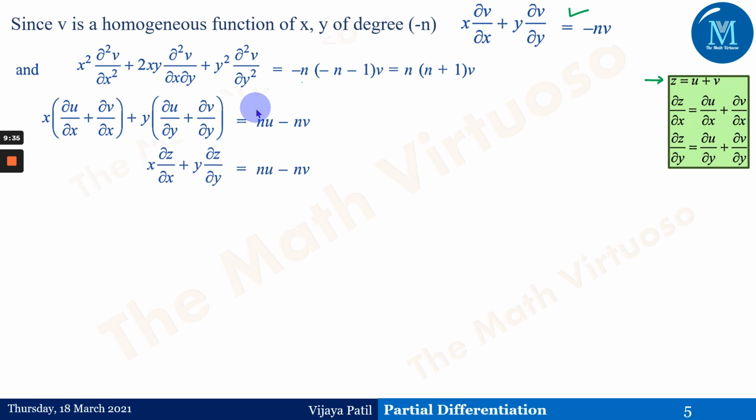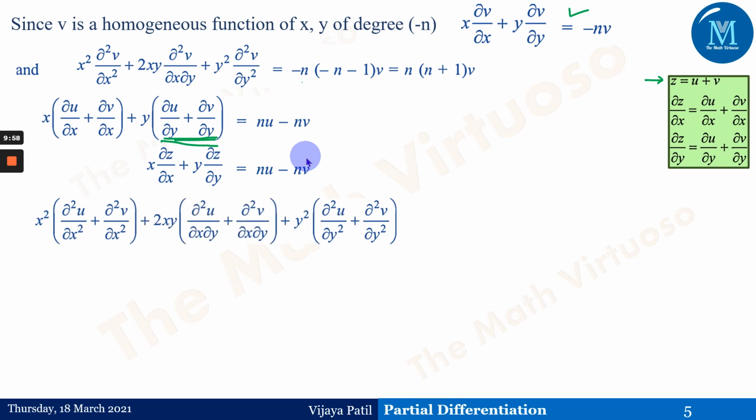So because of this fact, the addition of dou u upon dou x plus dou v upon dou x would give us dou z upon dou x, and the second bracket could be replaced as dou z upon dou y, and we have got this particular identity. Similarly, adding the next one, from here and the previous one, that u is a homogeneous function with degree n, we'll get something like this.